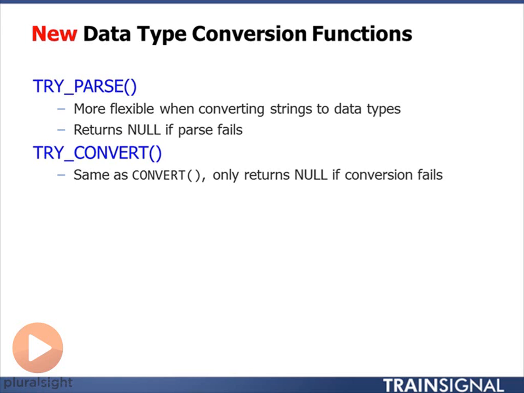Both of those are going to give me back a null if the conversion fails. The difference is that try convert will use convert behind the scenes. Try parse will use parse behind the scenes, which we mentioned a bit earlier. Parse is going to be a bit more flexible in how it does its parsing. And again, parse is built for converting strings into numeric or date data types.